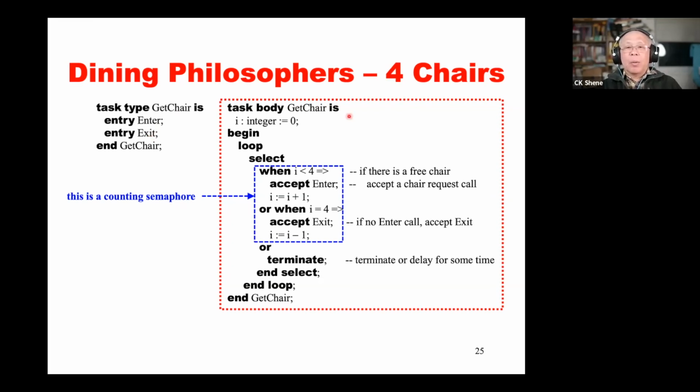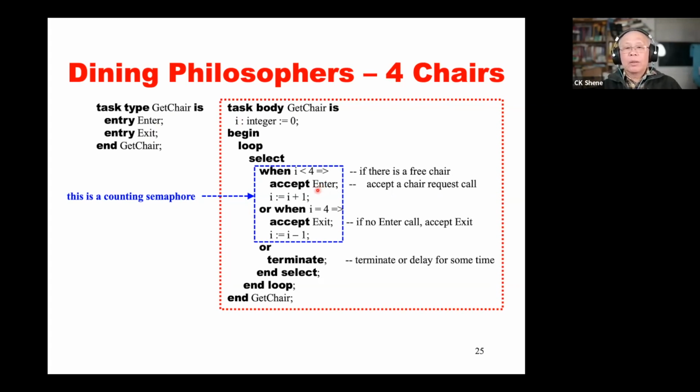So the task body has a value I, which is counting how many chairs have been taken. So we have an infinite loop select. If the value of I is less than 4, that means we still have a chair available. In this case, we accept enter, allowing a philosopher to use that chair.